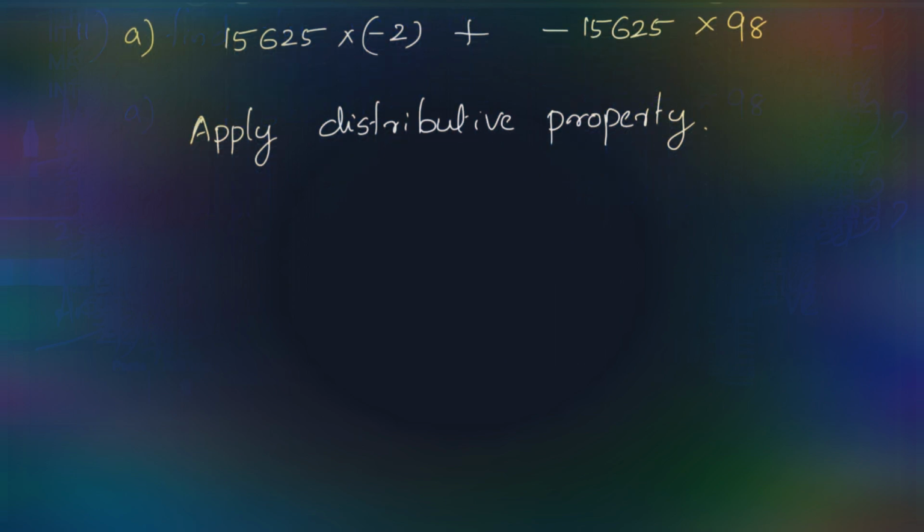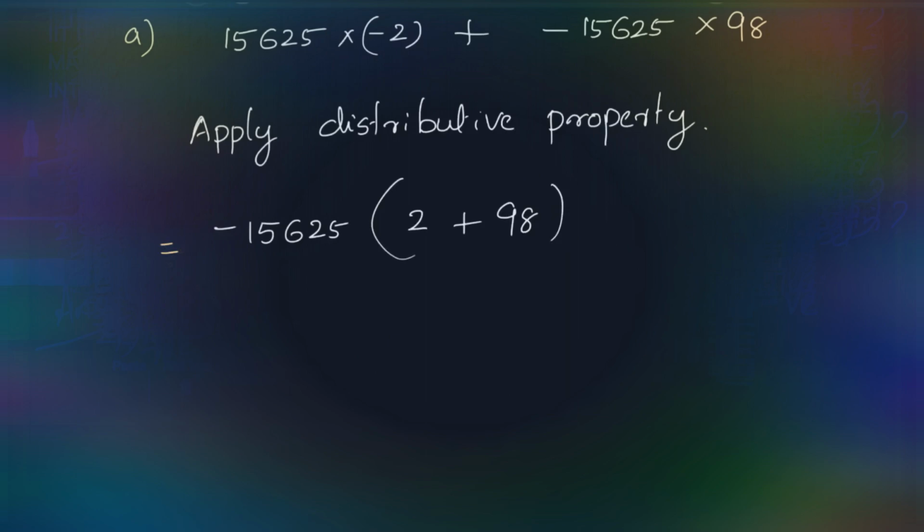So we can take out negative 15625 as the common factor from the bracket. If negative 15625 is taken out, this negative goes along with this number. So inside our bracket, negative 2 becomes positive 2, plus 98 remains in the bracket.